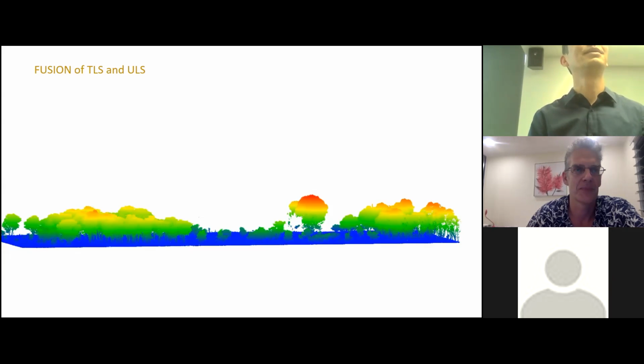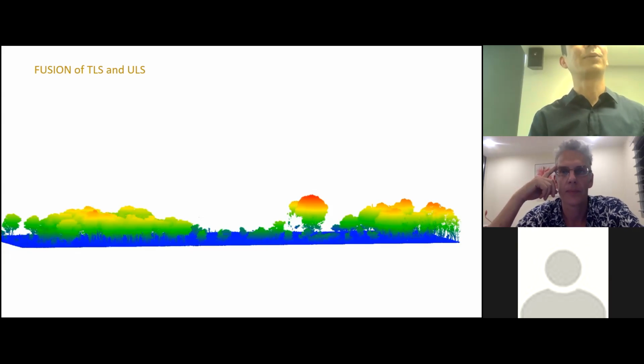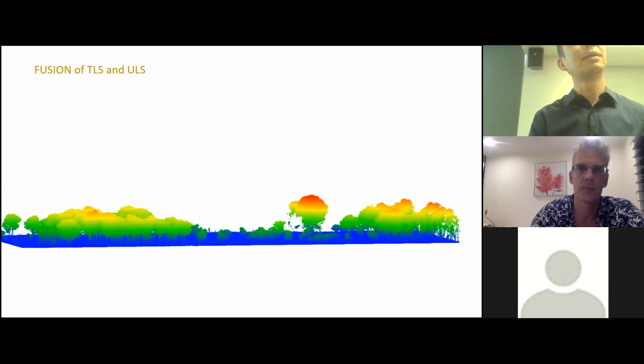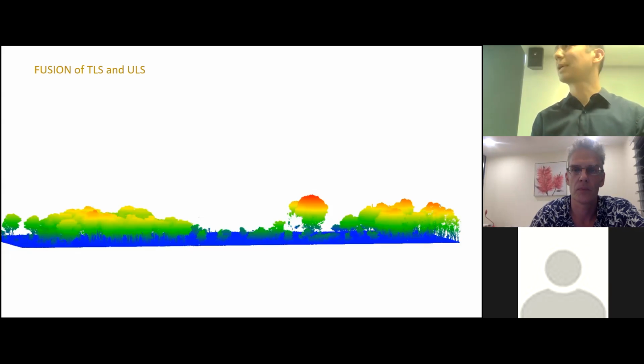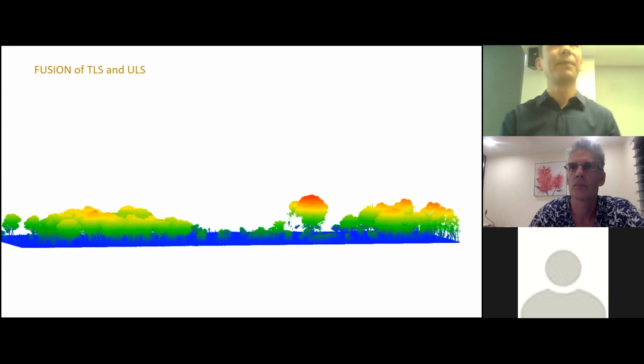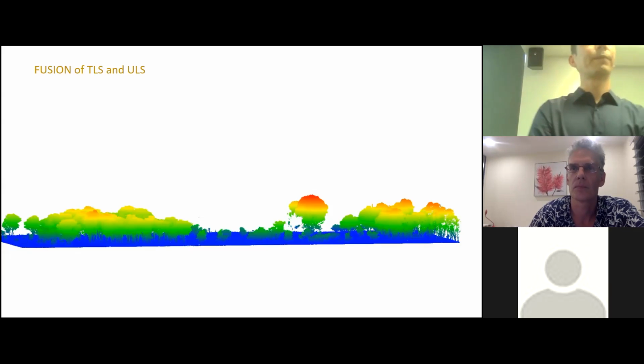I was wondering, whenever you could detect a bird species or a reptile species, could you assign it to a species? I couldn't catch that. Do you know what species was from the bird?